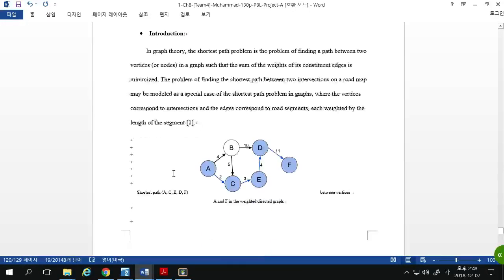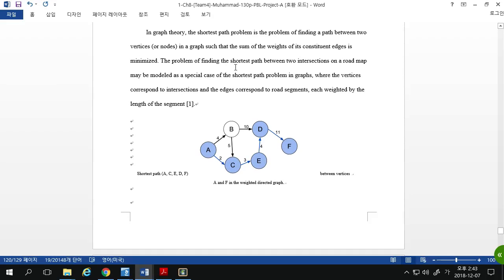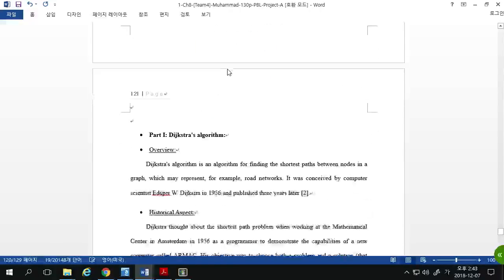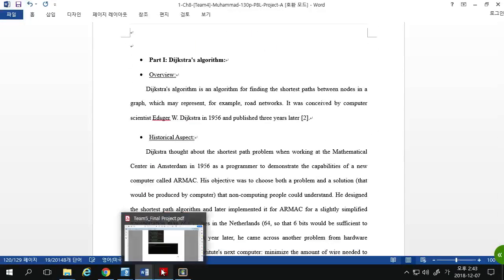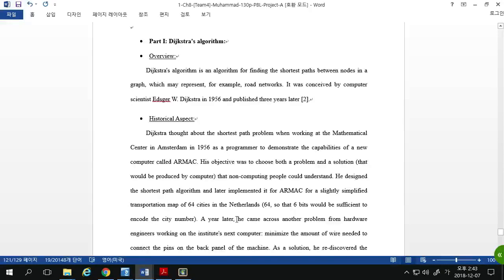So I will just go through three main points. Why the shortest path algorithm actually occurs in the real world, and what is the difference between Dijkstra's algorithm and Floyd-Warshall algorithm. So the first thing, why did we have the problem of shortest path? In 1956, there was a programmer, Dijkstra, and there was a new computer introduced.